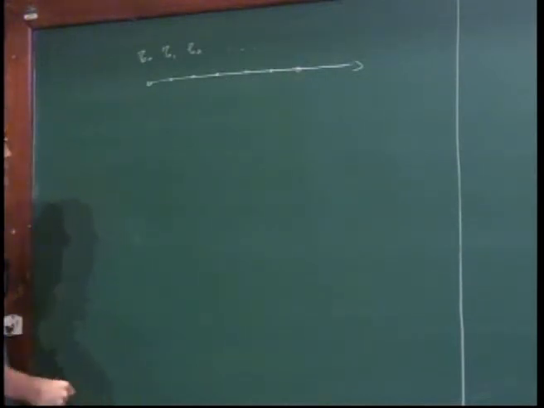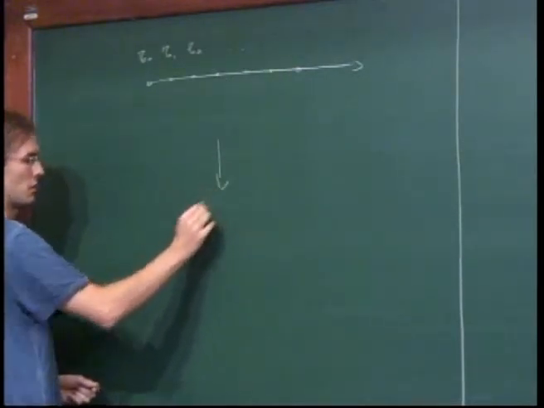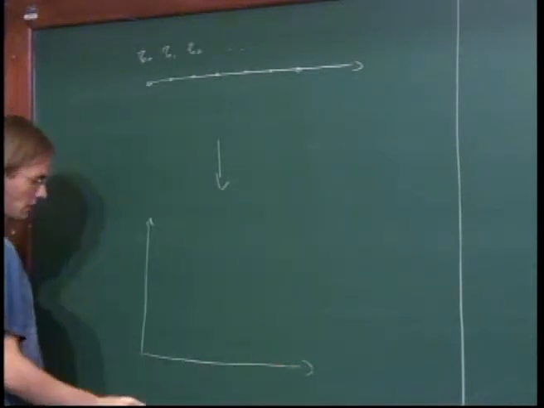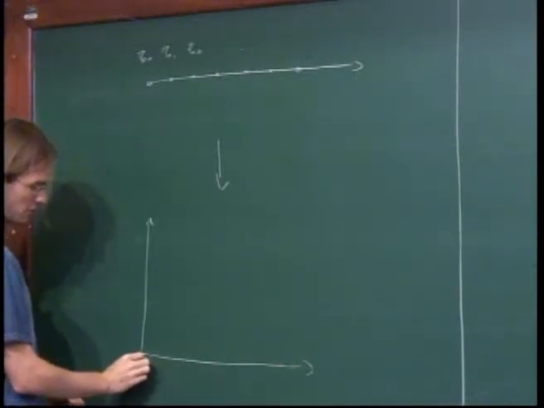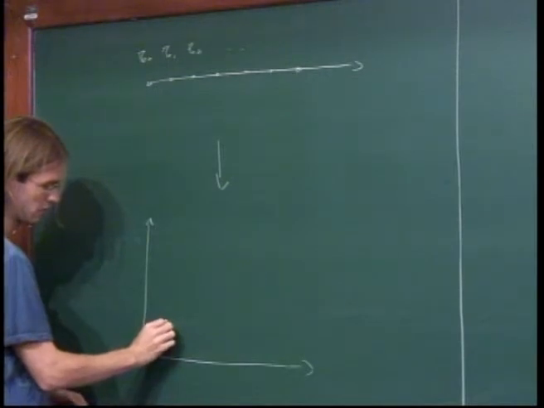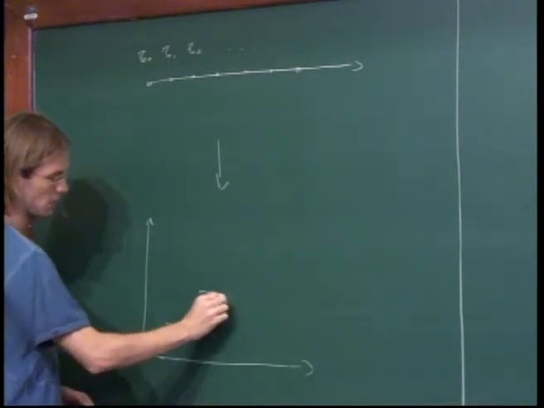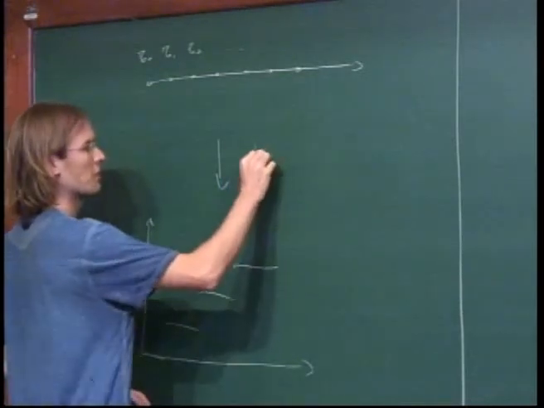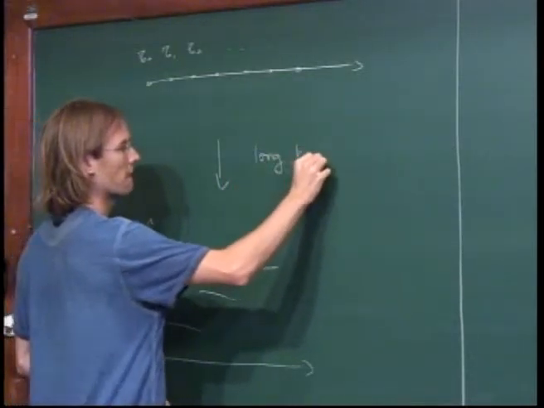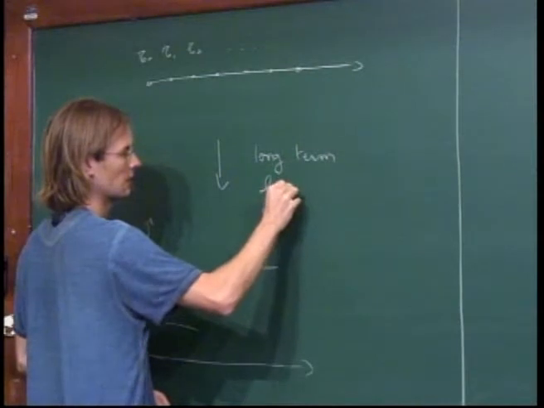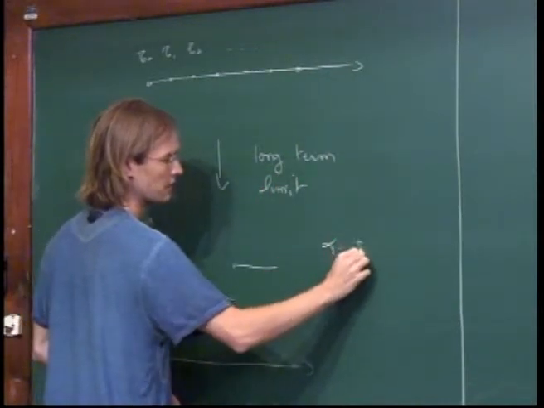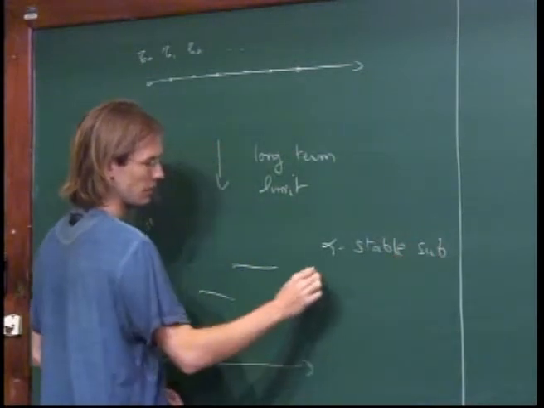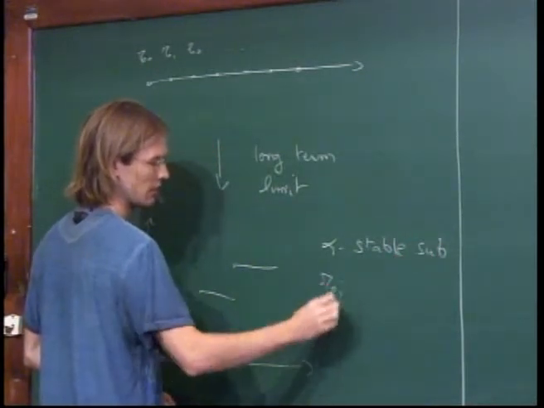And so basically, in this model, what we get in the long-term limit is something called a stable subordinator, which means that essentially it's some sort of jump process, which looks a bit like this. So in the long-term limit, you get an alpha-stable subordinator in the case where the tau_i's are heavy-tailed.